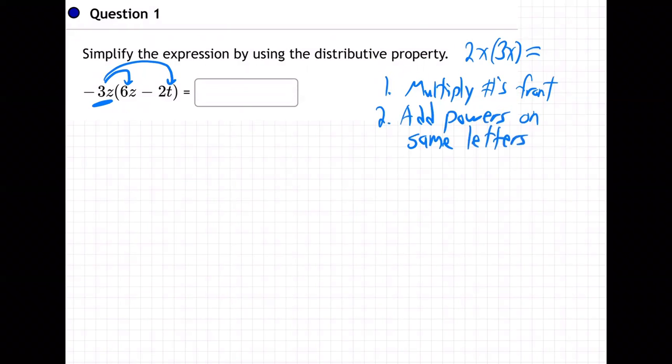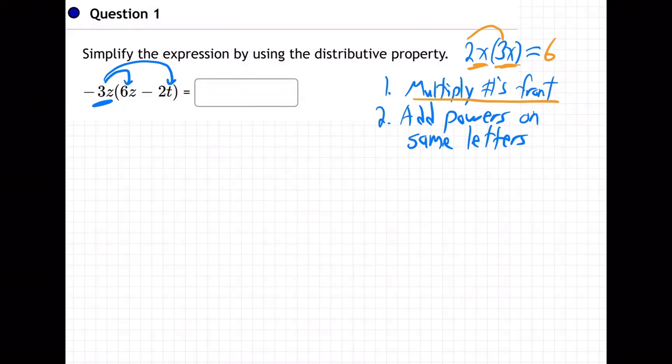Okay, so I multiply 2 times 3 is 6, right? Multiply the numbers in front. How do you multiply 2x times 3x? Well, you multiply the numbers in the front, 2 times 3 is 6. And then you add the powers on the same letters.